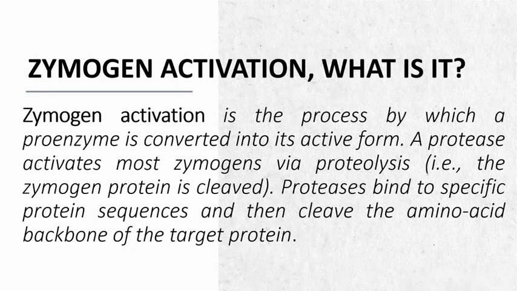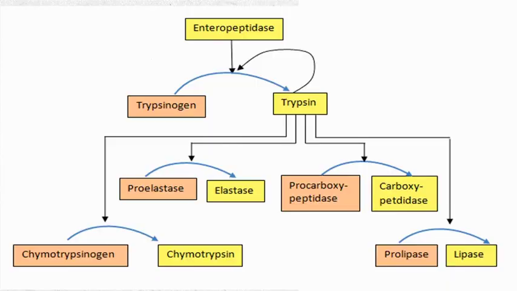Proteases are enzymes that cleave proteins. In other words, for a zymogen to be activated, it needs to be cleaved at certain locations of the primary sequence of that enzyme.